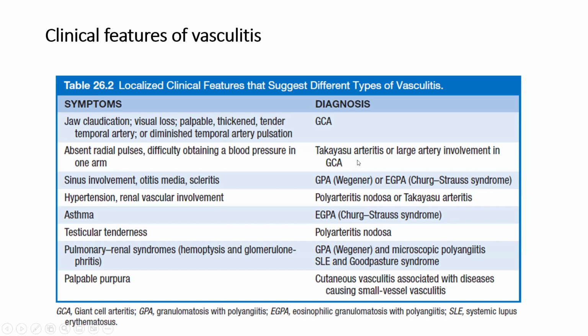Then Takayasu arteritis, like we saw in our case, usually occurs in young patients, more females, and they may have diminished or absent pulses on one side of the body and difficulty in obtaining blood pressure on one side of the body, or just a discrepancy in the blood pressures of more than 10 millimeters of mercury difference.